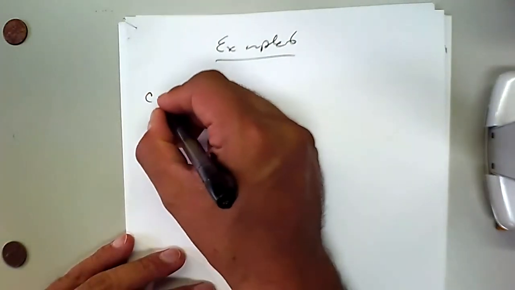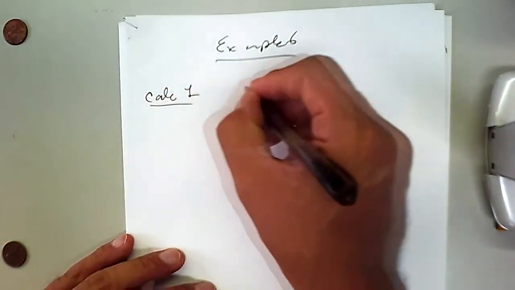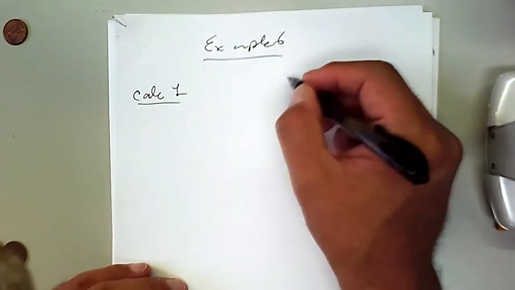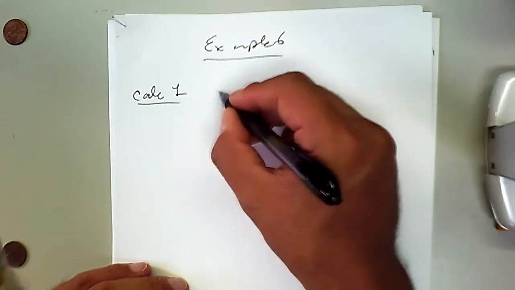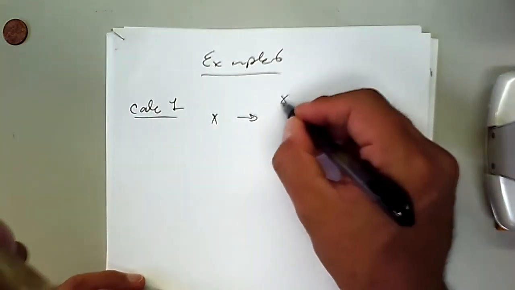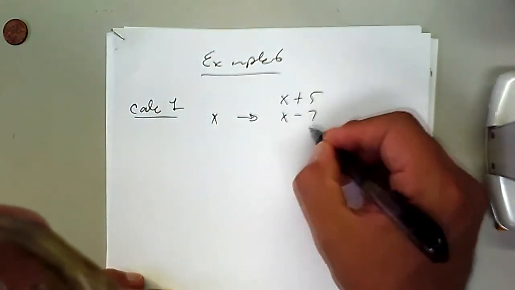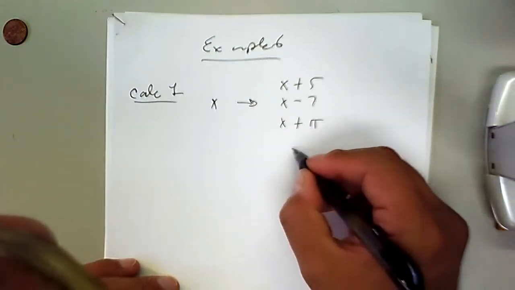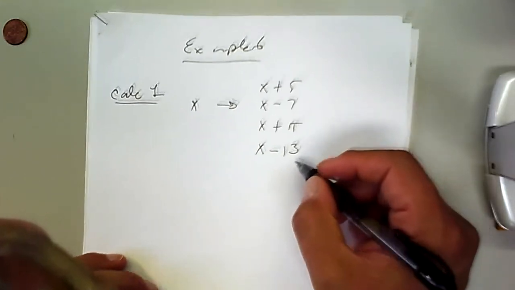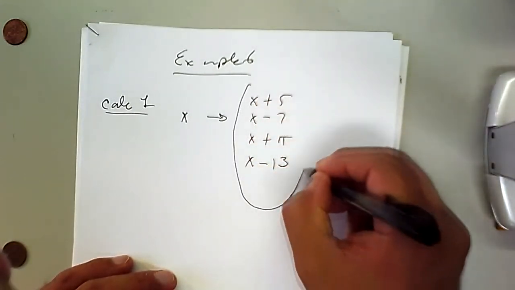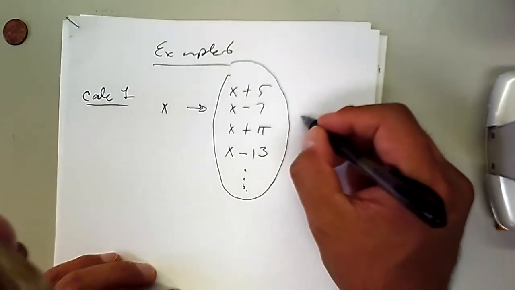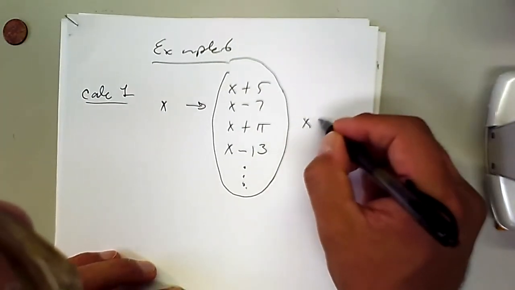So in Calc 1, antiderivatives of x will be x squared over 2 plus 5, minus 7, plus pi, minus 13, etc. Those are the antiderivatives. There are many, many millions more. The generic way to write this is x squared over 2.